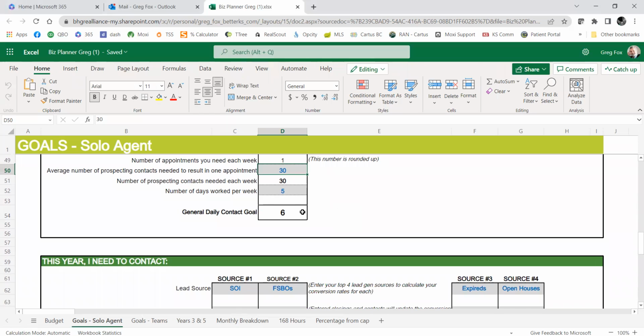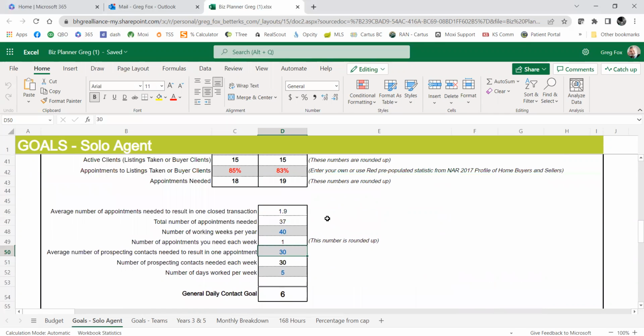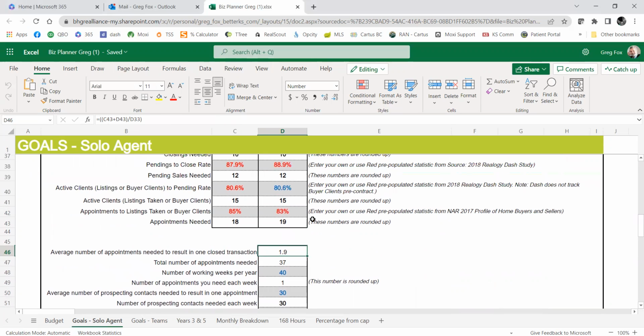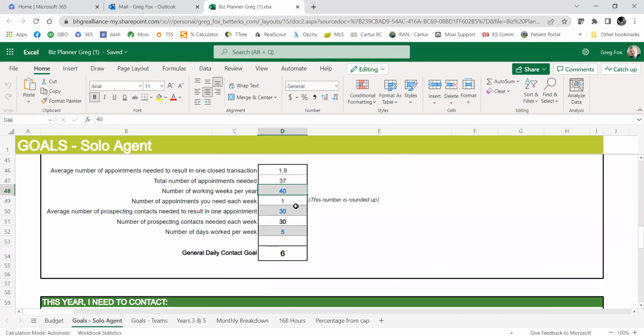Okay, so let's just still stay with that daily 6. But then we come down here, which we've not touched yet. This 1.9, that's a calculation based on all the data throughout this. Total number of appointments, that's a calculation. How many weeks worked a year, that's up to you.